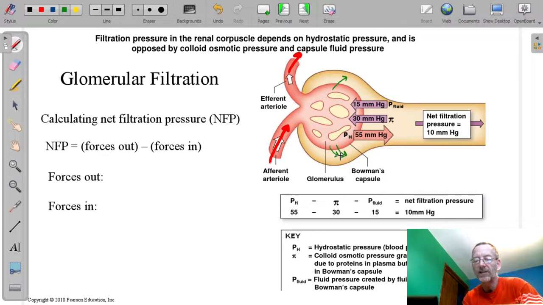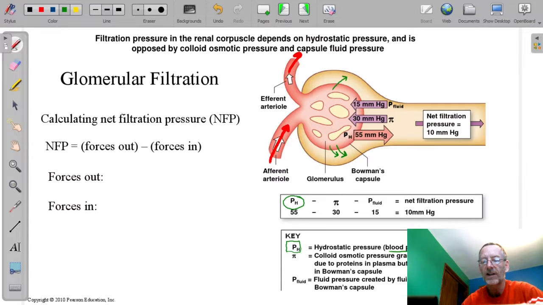And in this illustration, they've defined pressure as P sub H, and the H is for hydrostatic pressure, but it's essentially blood pressure. So whatever you call it, P sub H or just blood pressure or hydrostatic pressure, it's all the same idea. It's basically blood pressure that's pushing the fluid out.